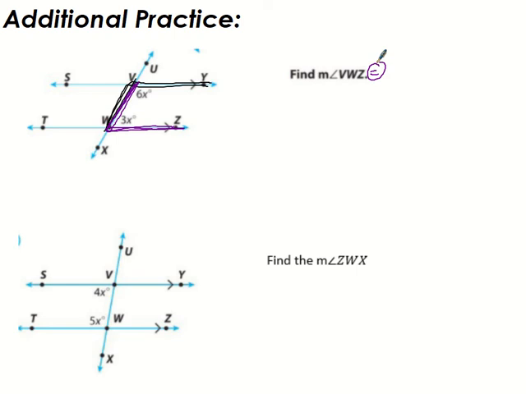This is my purple angle, okay? So the first thing we have to do is, what is the relationship between 6x and 3x? Well, these are same side interior. See, they're both on the right and they're both on the inside. So I'm going to take 6x and add it to 3x and equal it to 180 degrees because they're supplementary.